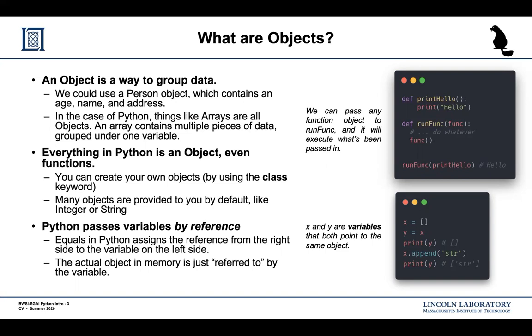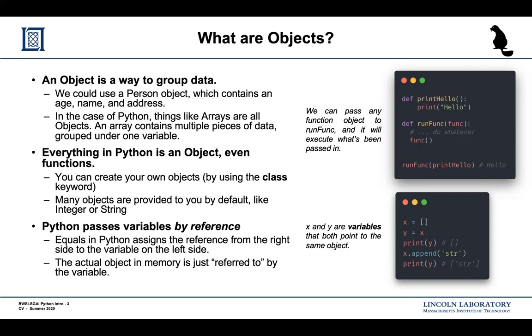You can see over there on the right side, I have an example of passing in a function, and then you can run it later. Another thing about Python in particular is it passes variables by reference for the most part. Basically, when you write y equals 1, 2, y is simply representing where that number is in memory, but it's not storing the value itself.